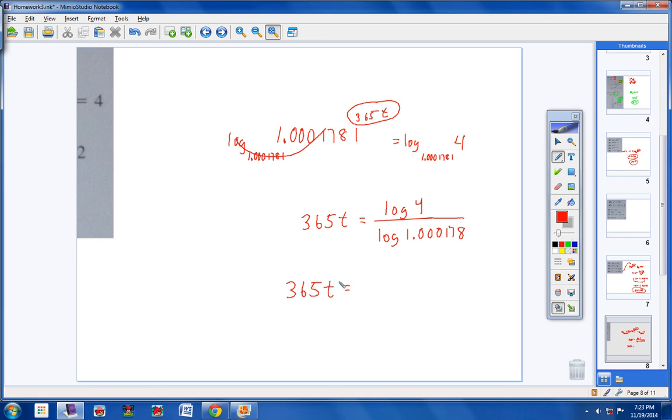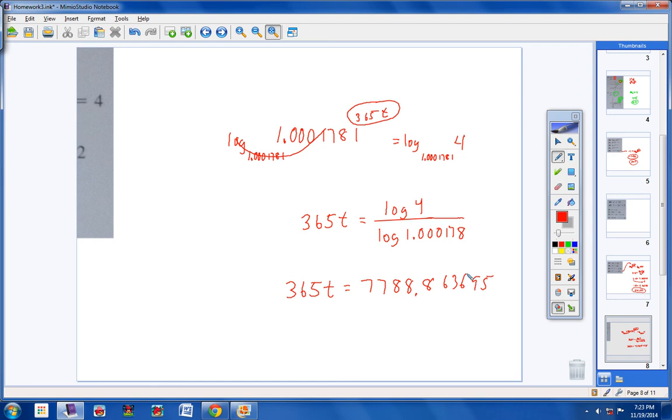Okay, log base 4, enter, or log of 4, enter, divided by log of 1.00018, enter. And you'll get this right here.